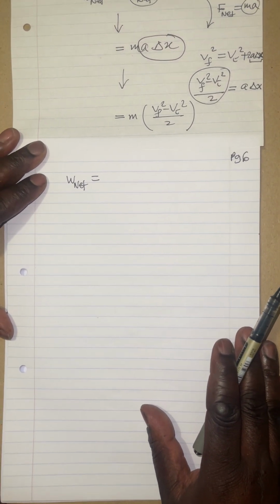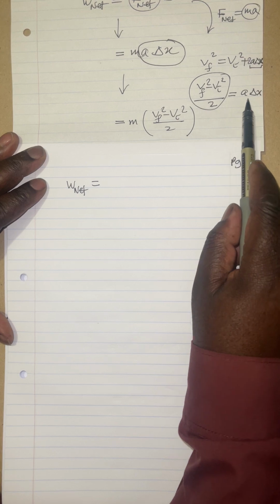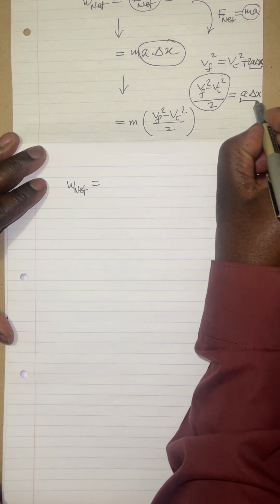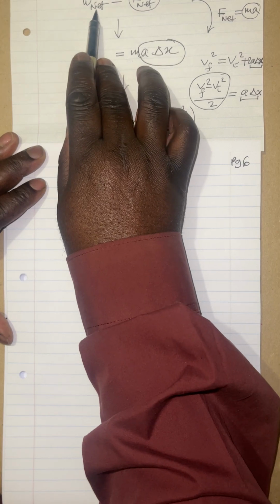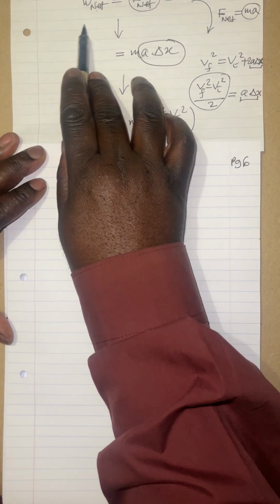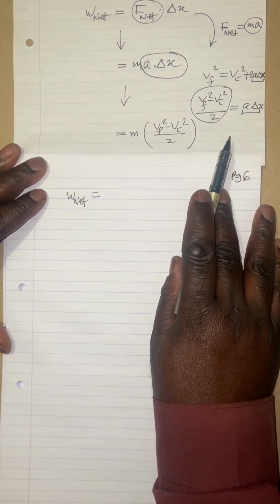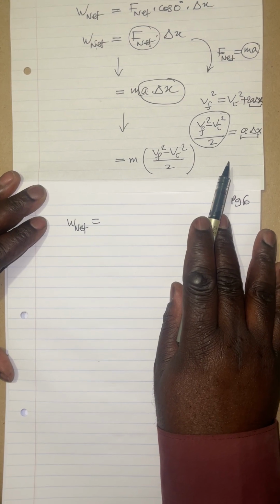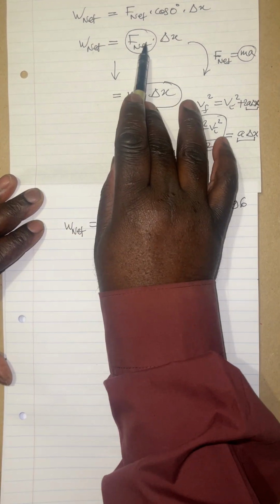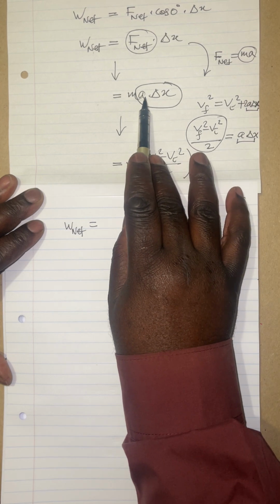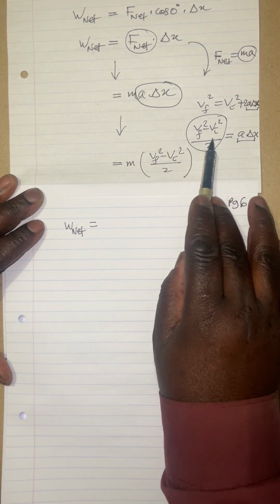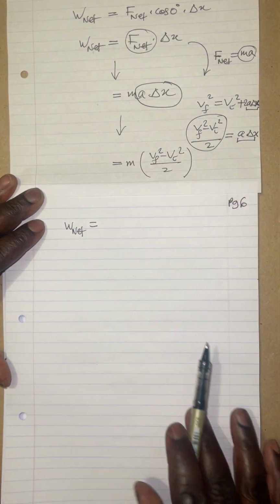We have replaced that in the expression there. So we're coming from W net equals ma, and then a delta x is replaced by this expression here to get that.